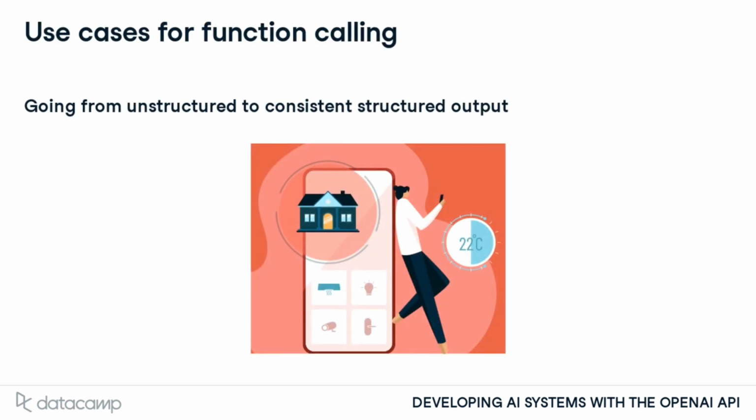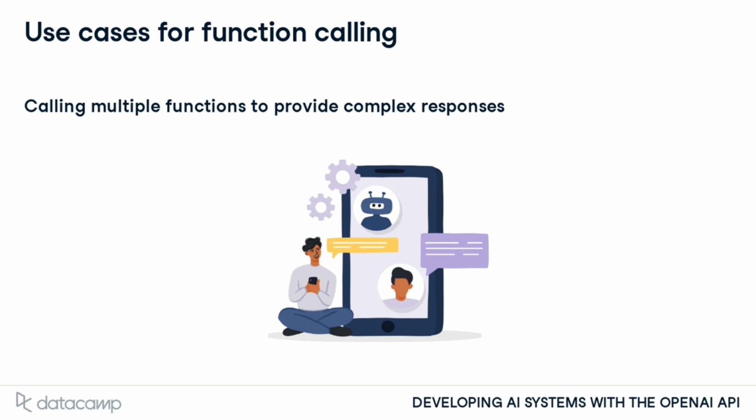By ensuring a reliable structure of our API response, we can integrate our AI application with external systems and be more certain of its reliability. For instance, we can extract instructions from our natural language input and pass them to a smart home system. We can call multiple functions to provide complex responses, formulated by means of different functions.